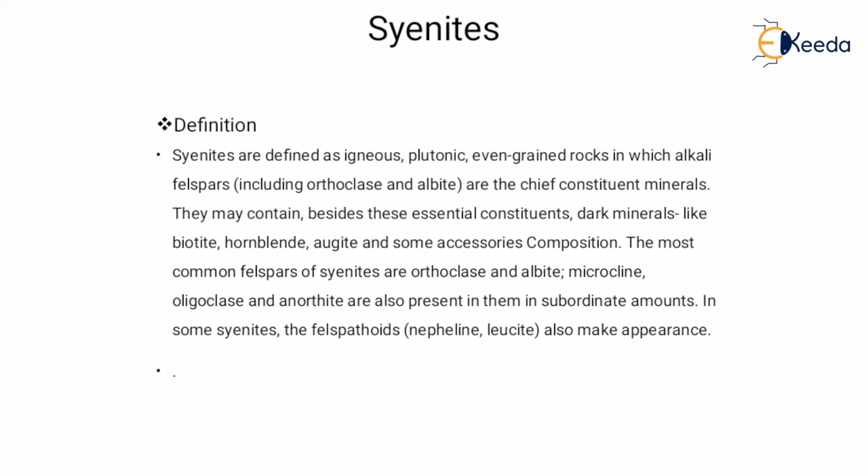They may contain dark minerals like biotite, hornblende, and augite as accessory components. The most common feldspars of syenite are orthoclase and albite. Microcline, oligoclase, and anorthite are also present in subordinate amounts. In some syenites, feldspathoids also make an appearance.